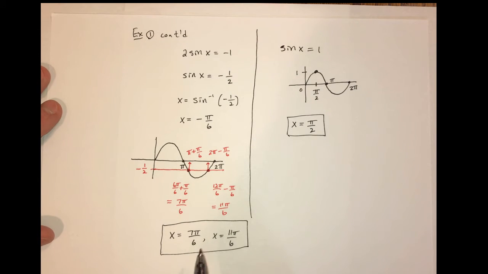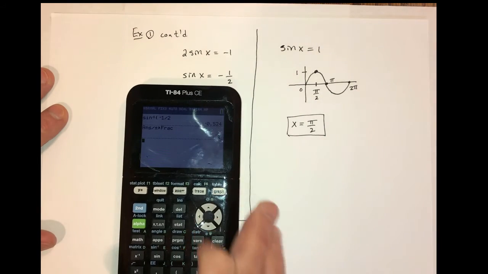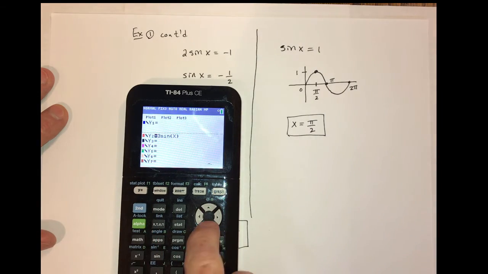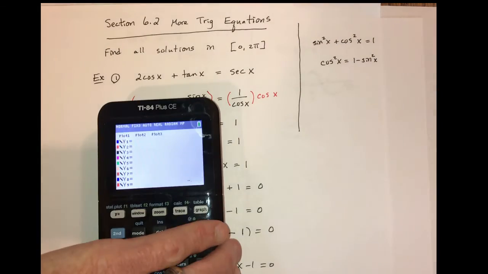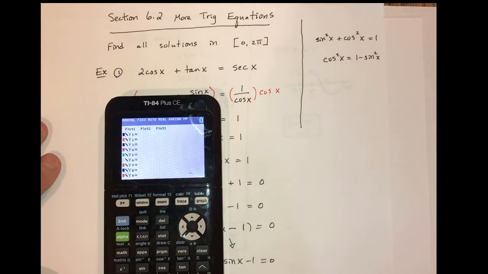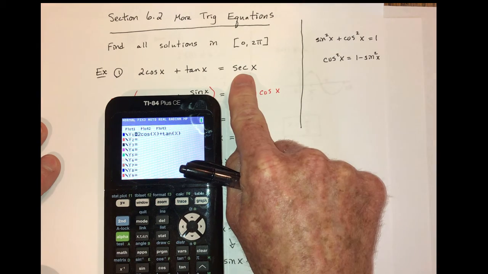I don't necessarily need to check all of them, but I'm going to check this one, 7 pi over 6. So graph the original problem before we did anything to it. One graph is going to be 2 cosine of x plus tangent of x, and the second graph will be secant.